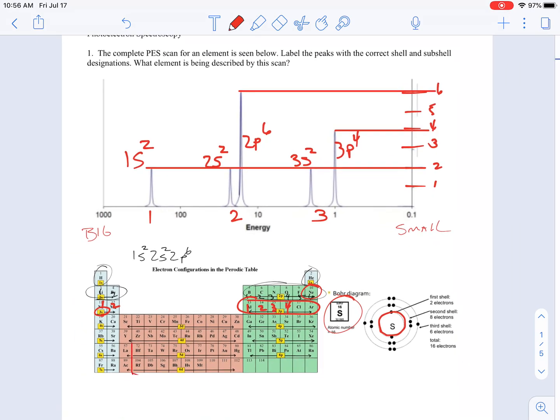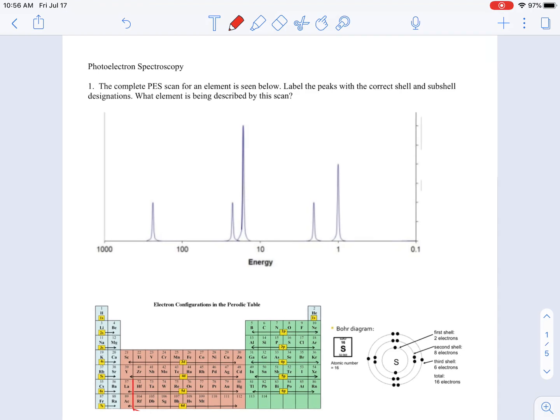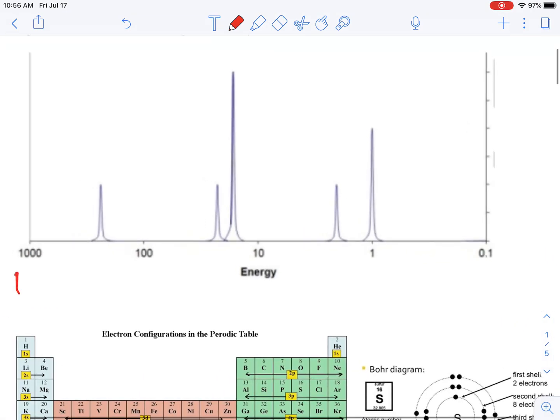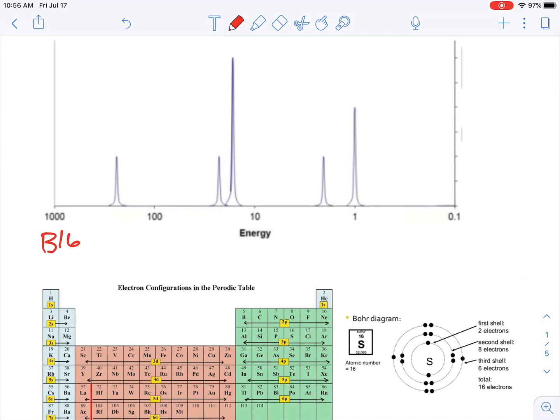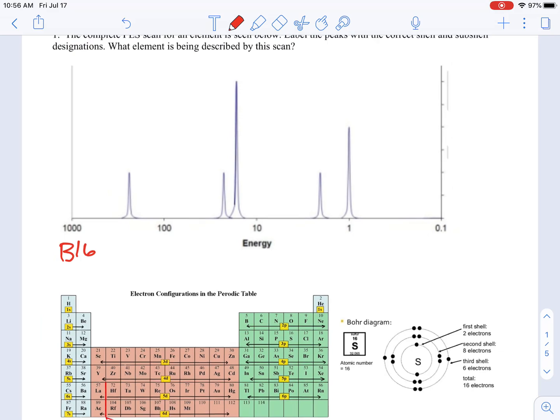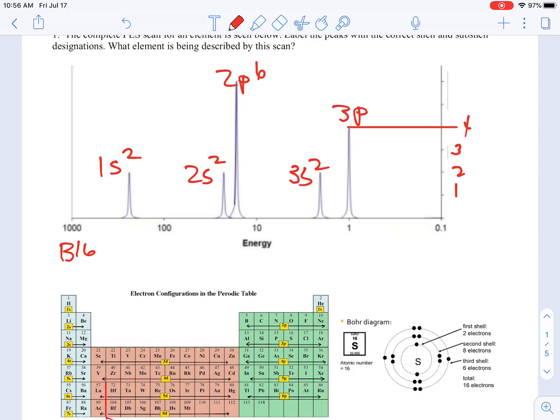You'll get used to these the more you do them, but the basic idea here is to simply start at the big numbers, find the big numbers, and then follow the electron spectroscopic notation configurations for the electrons until you run out. So this is simply going to be 1s2, 2s2, 2p6, 3s2, and then again this guy gets up to number 4 here, 1, 2, 3, and 4. So that's 3p4. So you come down to 3p4, and that is sulfur.